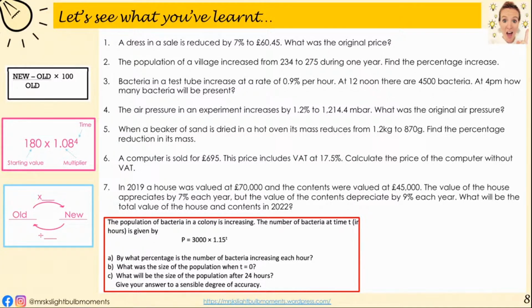I'm going to mute myself for a minute and give you a few minutes to have a go, and then I'll go through answers. If you don't finish all the ones you want to in the time I give you, don't worry, you can always go back and watch this again and pause it and give yourself a bit longer. All right, off you go, have a go.